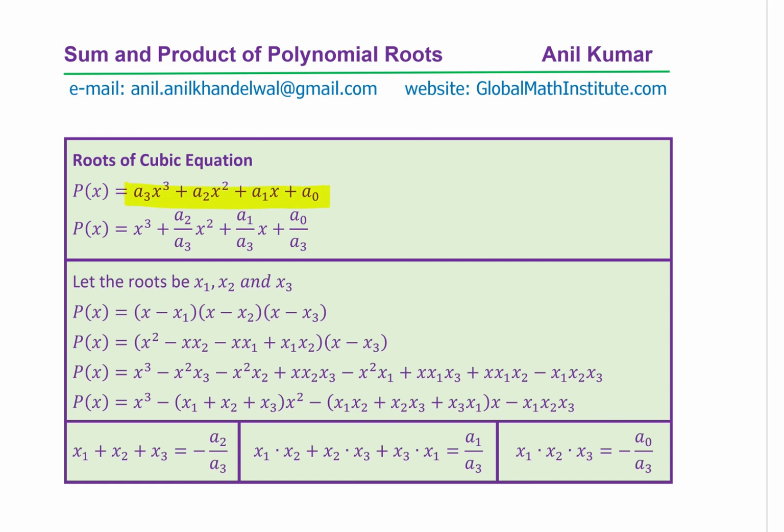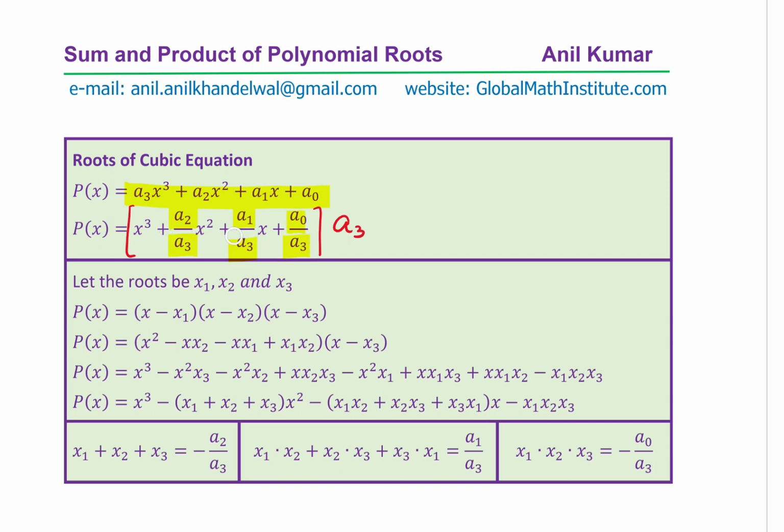Let the cubic equation be a3 x cubed plus a2 x squared plus a1 x plus a0. Now once again, I would like to write it in a different form. What I'm trying to say here is that I'm taking a3 as a common factor. In that case, I could write the coefficients as a2 over a3, a1 over a3, and a0 over a3, the leading coefficient now being 1, right?